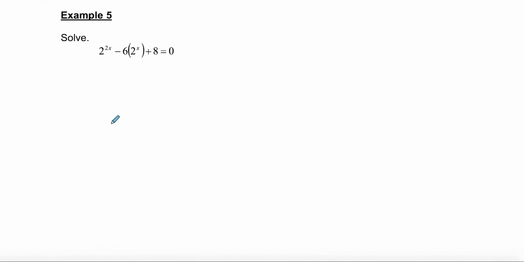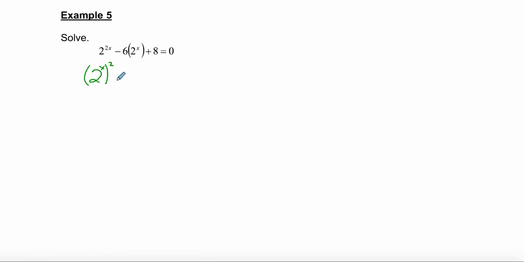Okay, last one. This is the only tricky question. The only one that I would worry about a little bit. So this looks a little bit different. I have a lot of constant numbers and coefficients, but I have bases here, but then my exponents aren't the same right now. One thing I'd like to write this first term as is 2 to the x squared, because that is actually the same thing.